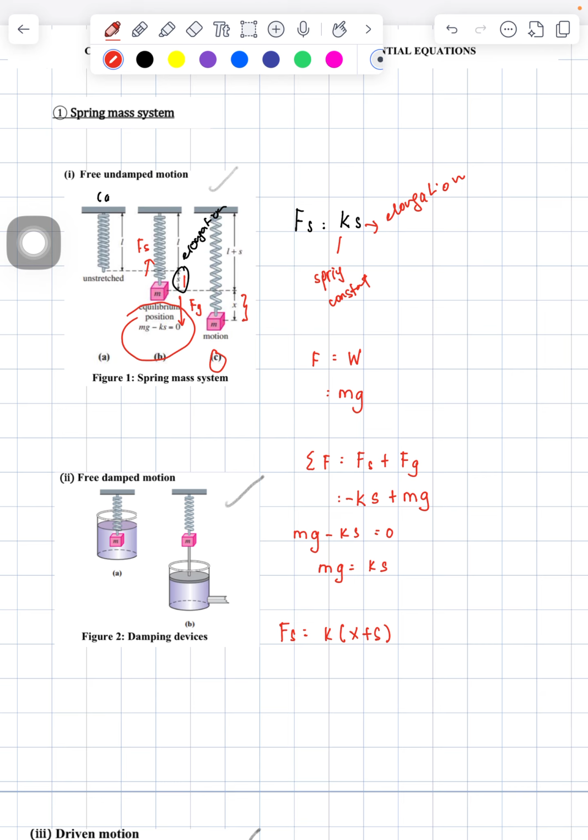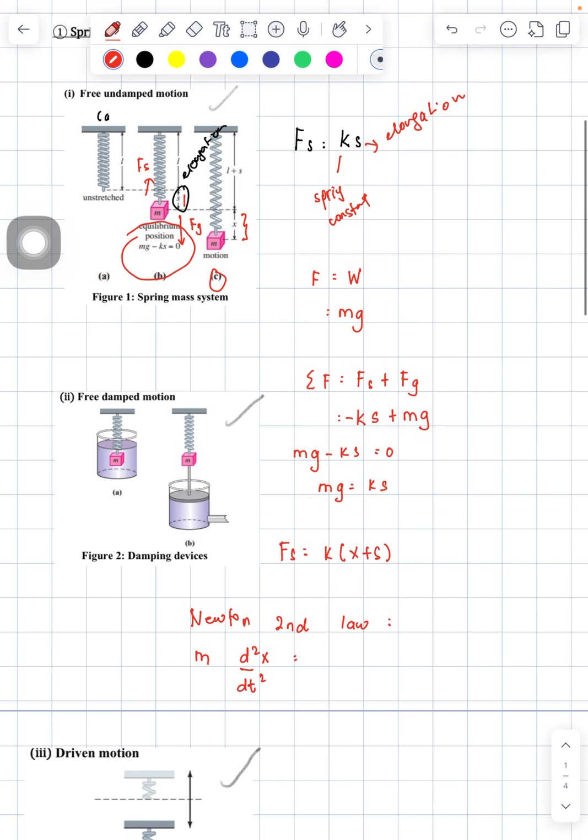Assume there is no external force, so we can apply Newton's second law: m d²x/dt² equals negative k(x plus s) plus mg.